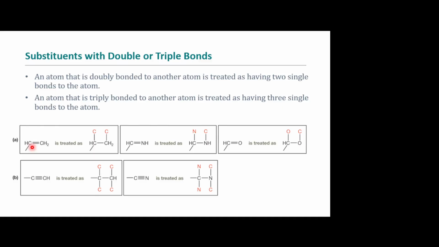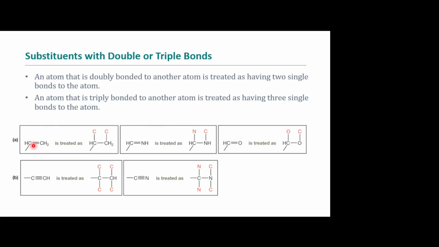Now remember, you have to go through all the groups bonded to it. So for example, this first option would be the carbon, and then we go through the options off of this carbon. In the case of a double and triple bond, those are going to have multiples of the same group attached.